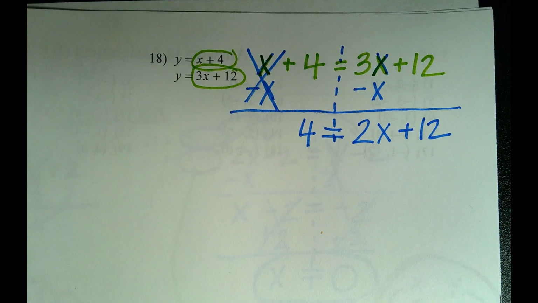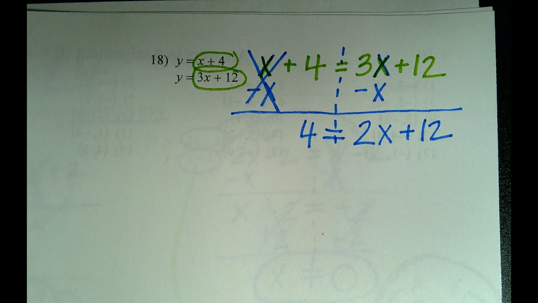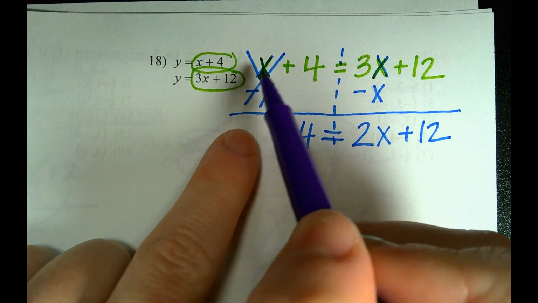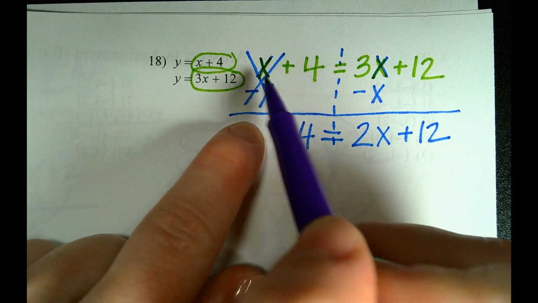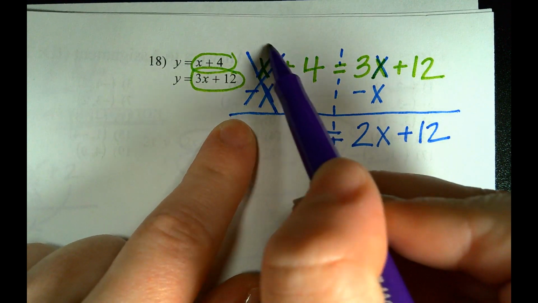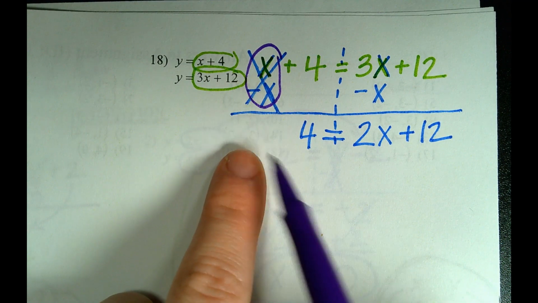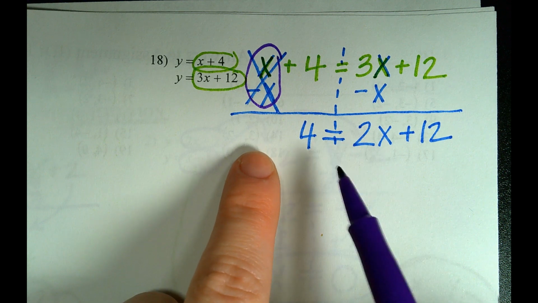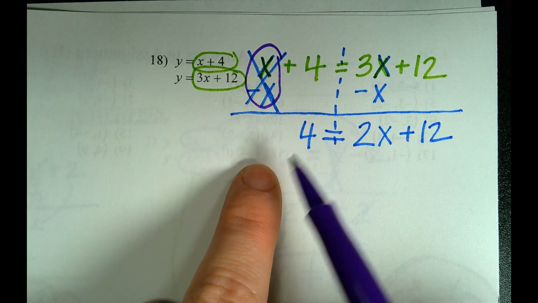Okay, so at this point, something that I've noticed again on a few of your papers that I think would be helpful to talk about is, if I start over here on the left side of my problem where I subtracted x, I took it away from the left side. Whenever you move to the next step, is it going to help to take away more from the left side?